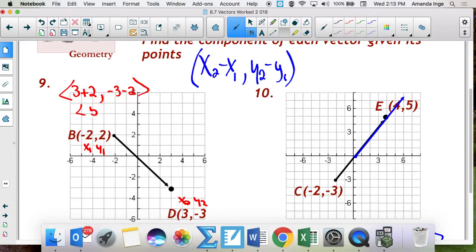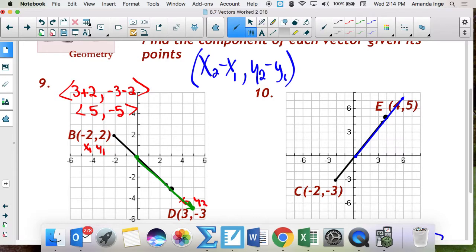So we get 5 and negative 5. What that means is if you drew the new vector, it would be over at 5 and down to negative 5. Is that right? So we have something that looked like that.